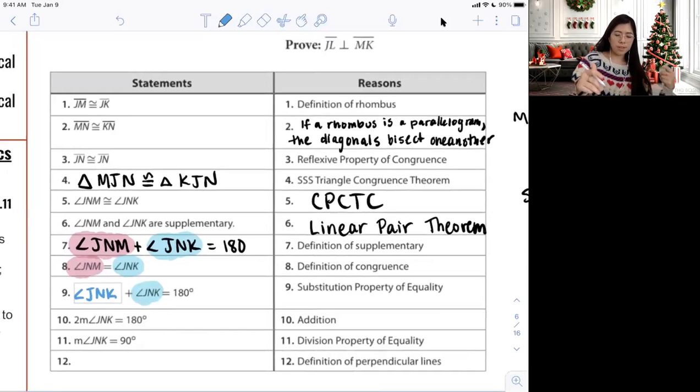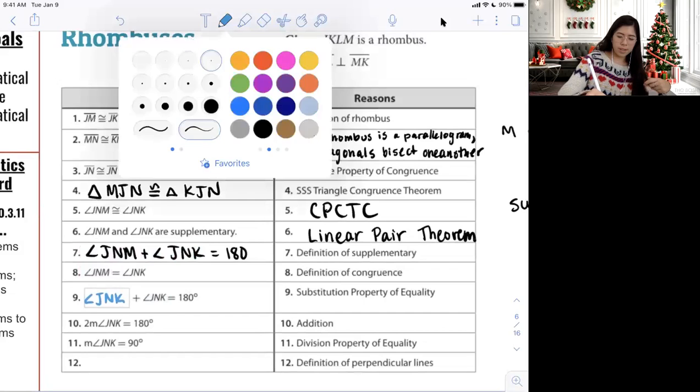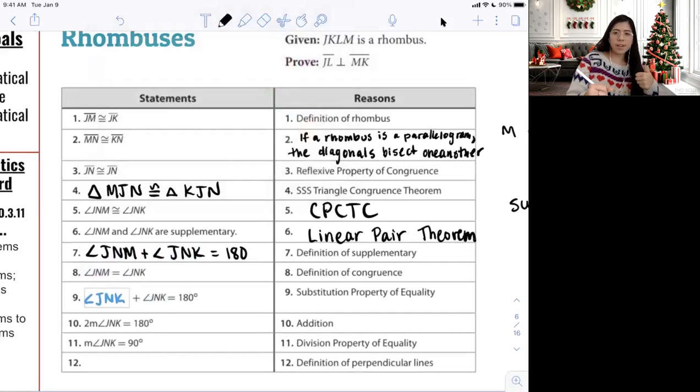Divided by 2, so we know that 1 J and K will be 90 degrees. And what does that mean about these two? What am I trying to prove? That they are perpendicular. Since one of them is 90, the other one has to be 90 because they are congruent, which means they are both perpendicular.